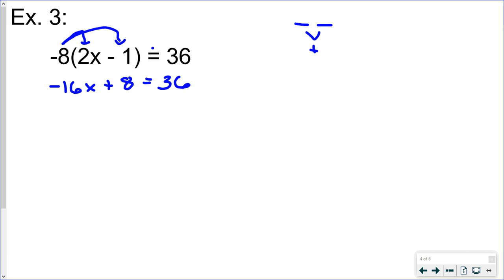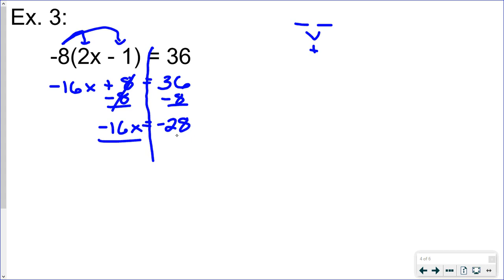And again, now I have a two-step equation. Do the adding or subtracting first. So I see plus 8, I do minus 8. So those cancel out. That's 0. Negative 16x equals negative 28. I see multiplication, so I do division. Remember, when you're multiplying or dividing, if this is a negative, you need to use that negative so that they cancel each other out.